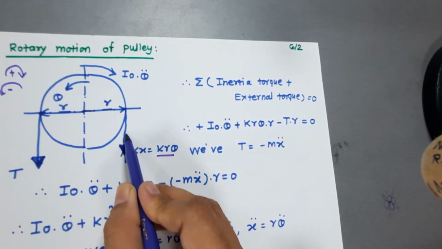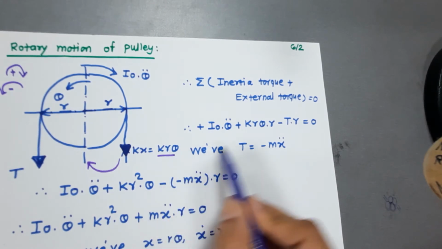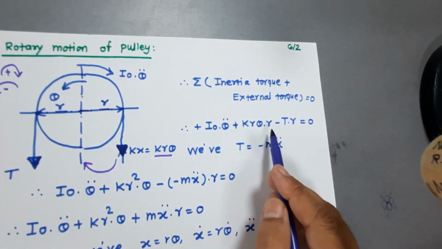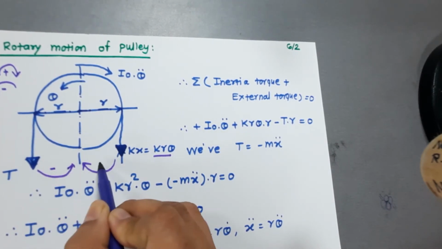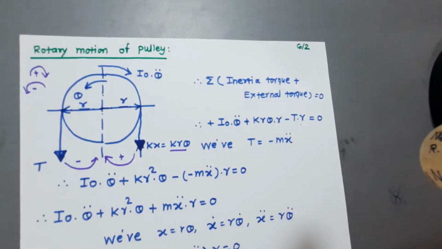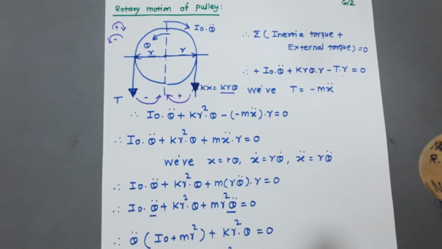It produces a clockwise torque, so K r theta into R, where R is the radius of the pulley, is an external torque. The second torque is due to tension, acting in the negative direction, so minus T into R is equal to 0. So this is the torque equation.